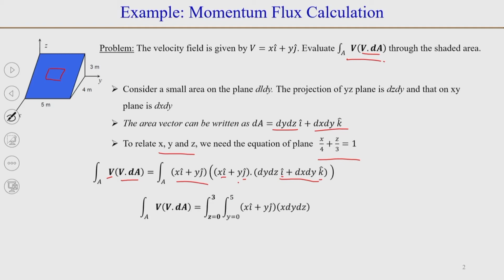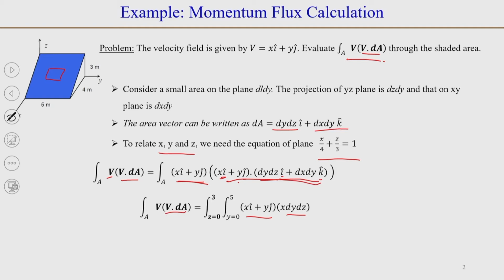This part within the bracket will reduce to x dy dz, since i dot i is equal to 1, and the first bracket, x i plus y j, remains the same. Remember the difference from mass conservation.